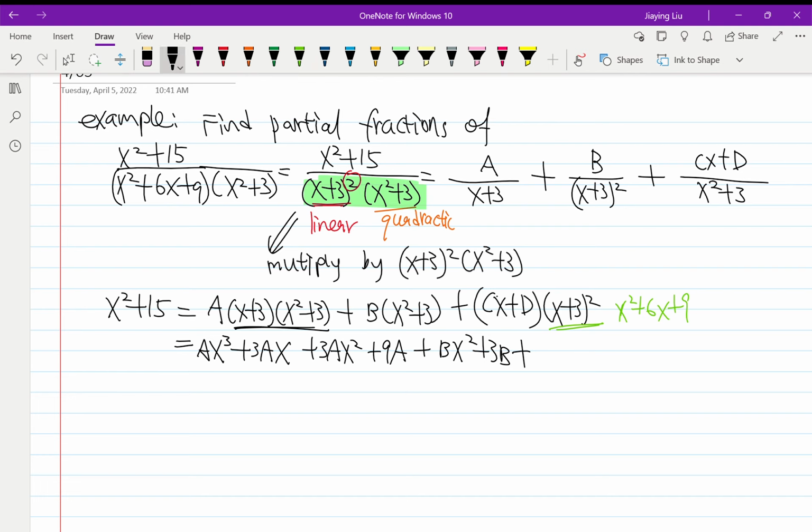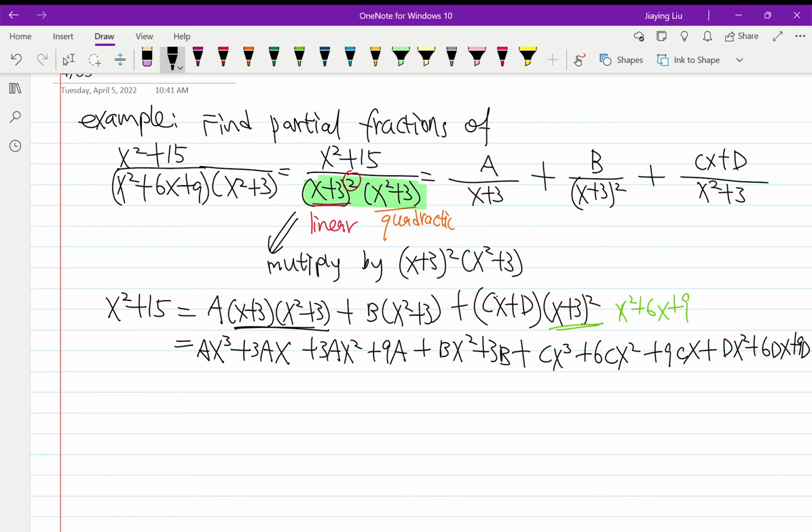Let's just multiply with cx first. So that's cx cubed, cx times 6x, so 6cx squared, cx times 9, so that's 9cx. And then multiply everything by d, so dx squared plus 6dx plus 9d. So that's the right-hand side.